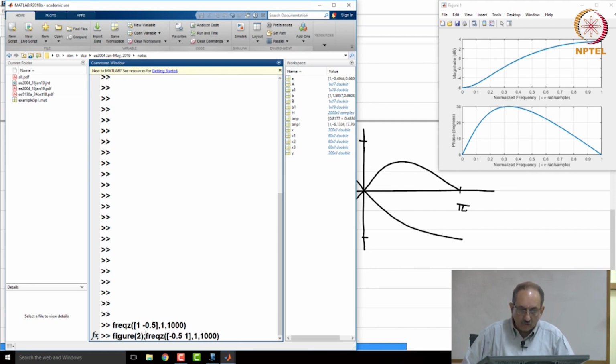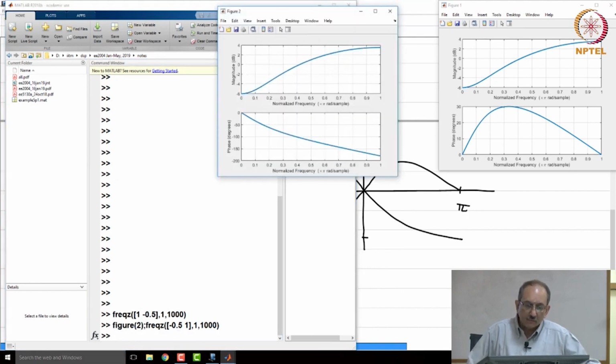Let me plot it in a separate figure so that you can compare both. So, now if you look at this, this is exactly what I had drawn here. Therefore, the phase response is quite different between g of z and h of z, even though they share the same magnitude response.